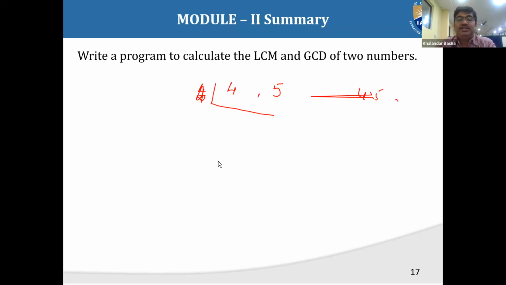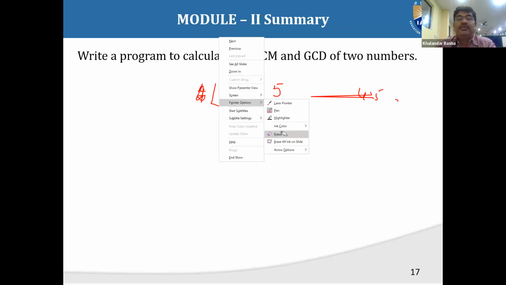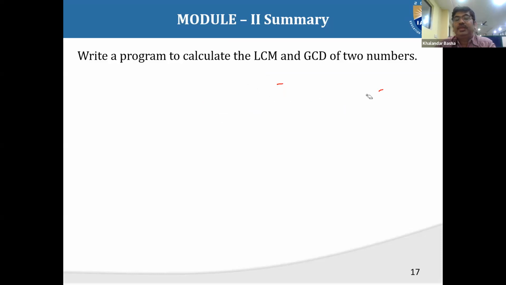Whereas when it comes to GCD, GCD is greatest common divisor. Let us consider I have the values, one I'll take as 12, the second one I'll take as 36. One way to find a common divisor between these two is, first I'll take the smallest number among the given two numbers, so that I'll put as 12.